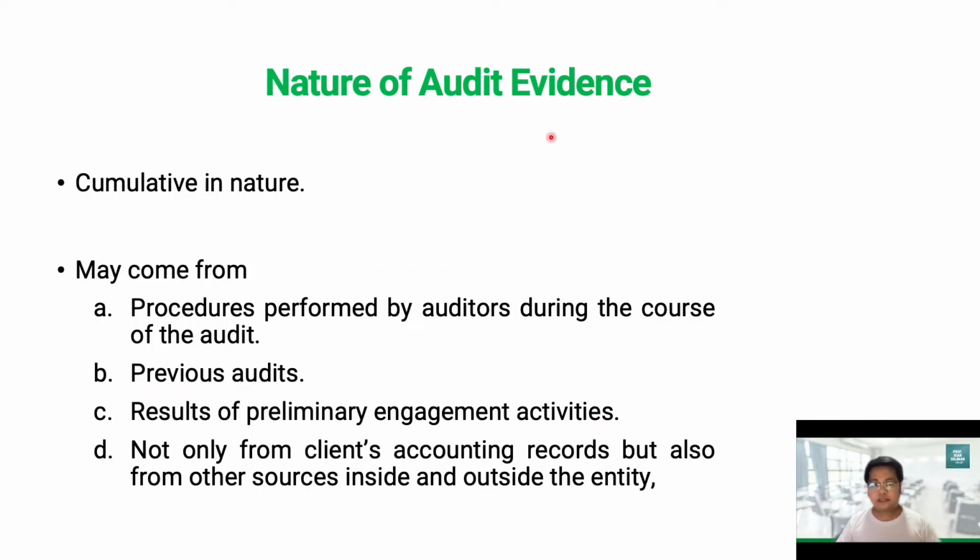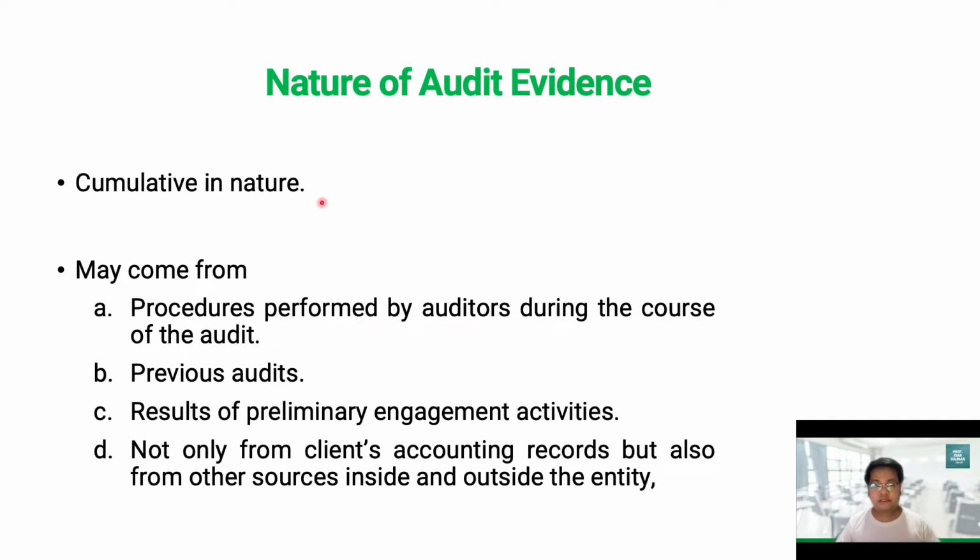Now let's talk about the nature of audit evidence. Remember that audit evidence is cumulative in nature, so it may come from a variety of sources. The primary source of audit evidence would be the procedures that we, auditors, perform in the course of our audit.